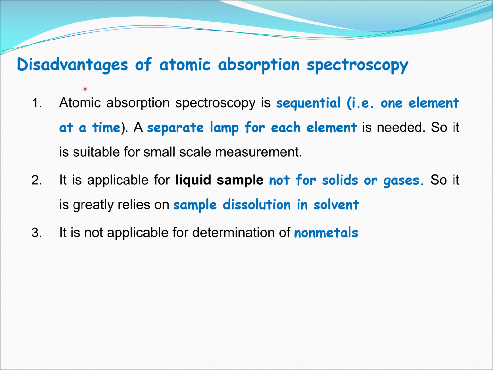However, there are some disadvantages of this spectrometry. First of all, it is sequential. A separate lamp for each element is needed. This is one of the common limitations, so it's suitable for small-scale measurement. Then it's applicable only for liquid samples, not for solids or gases, because one of the steps we learned in the principle section is that the sample needs to be sprayed.